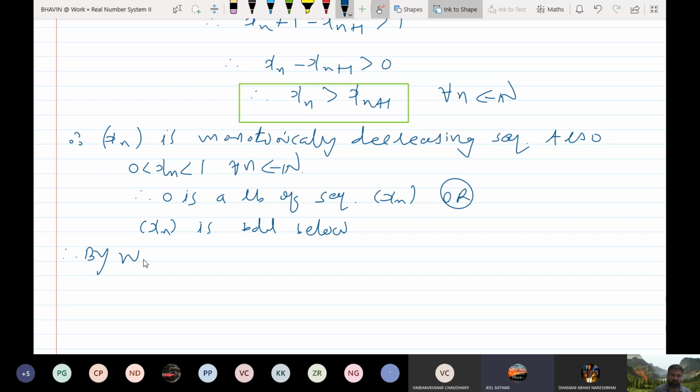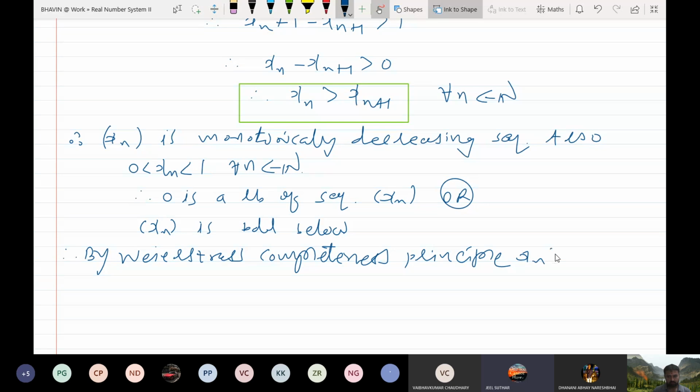Therefore by Weierstrass completeness principle, xn is convergent. So we have established the convergence of xn.